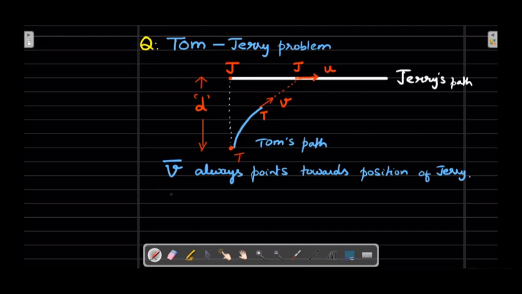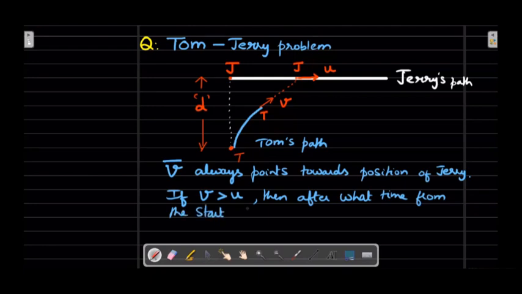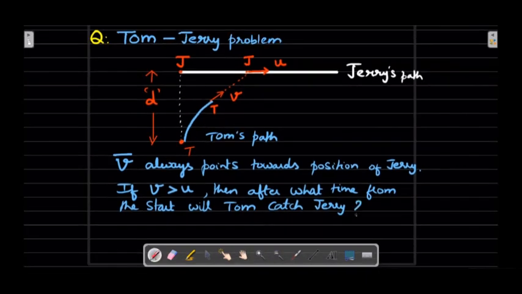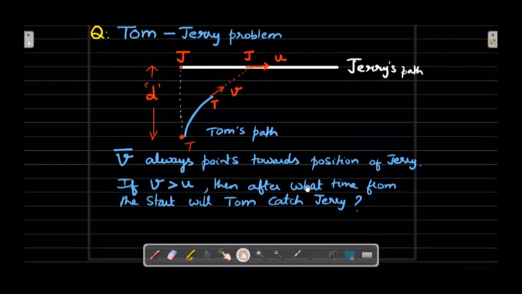If V is greater than U in magnitude, then after what time from the start will Tom catch Jerry? This is the question. So another one of the famous chasing problems.